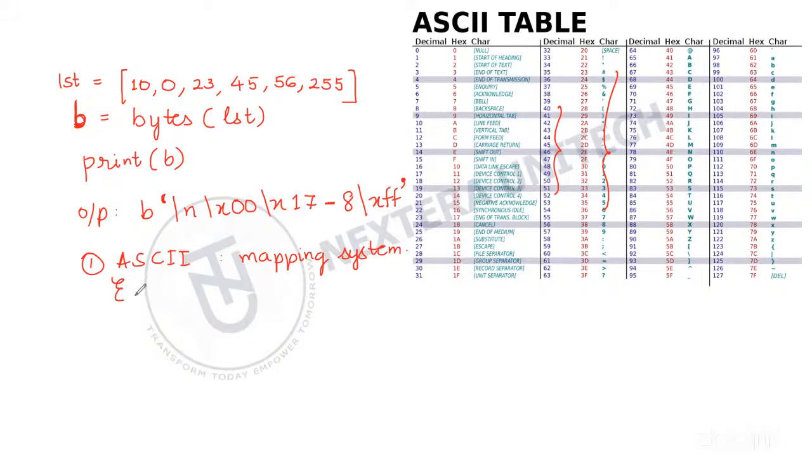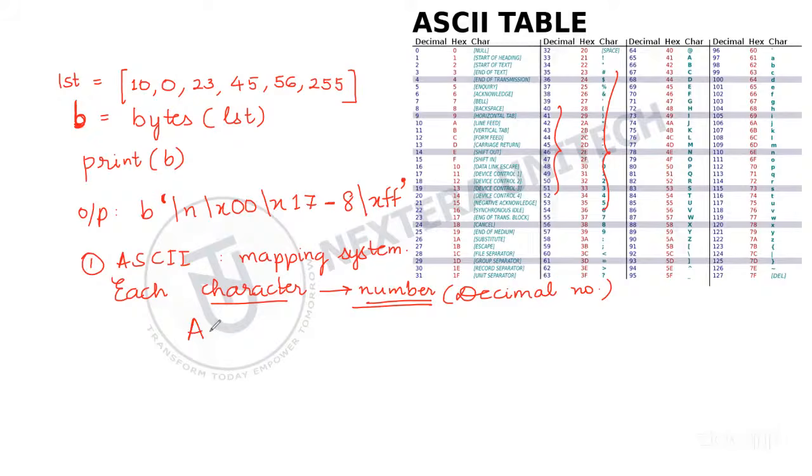Each character will have a number, the decimal number, basically. That's it. Each character will have an assigned number or mapped number.